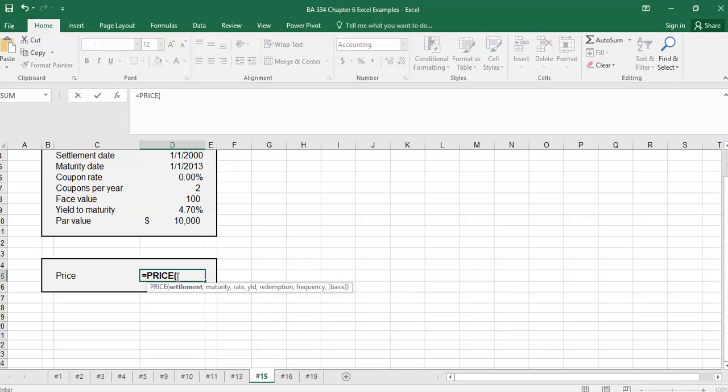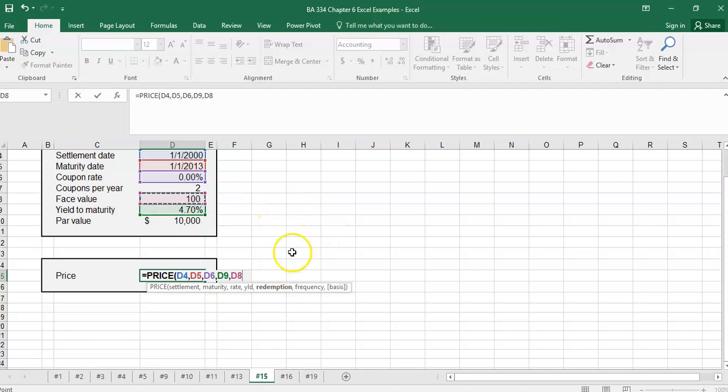We use our price formula, and we want the settlement date, maturity date, the rate. That's the rate of the bond, the coupon rate. The yield is the yield to maturity. The redemption is this face value percentage.